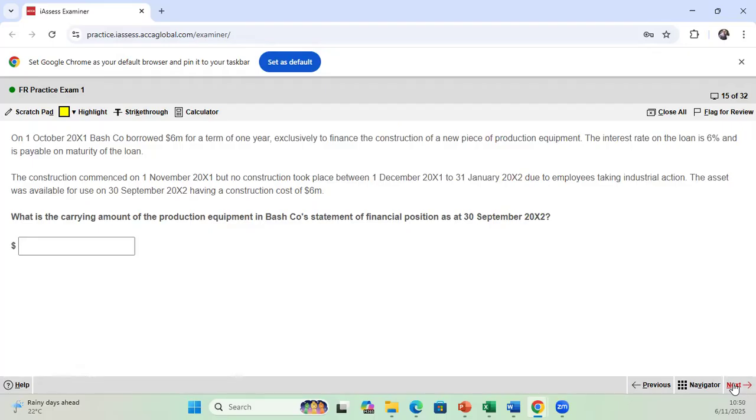But interest incurred during the months of no production cannot be capitalized. Construction started on 1 November, but in December we stopped.